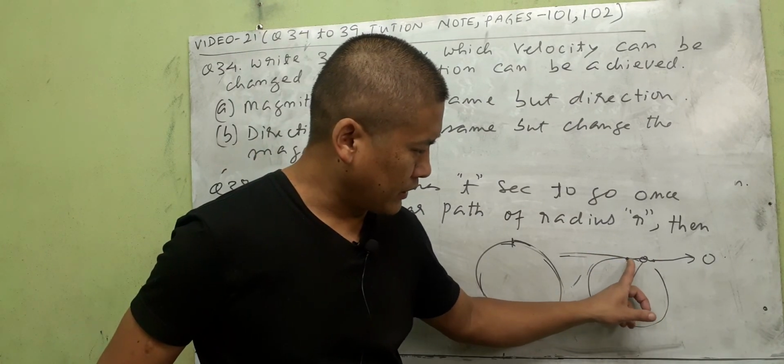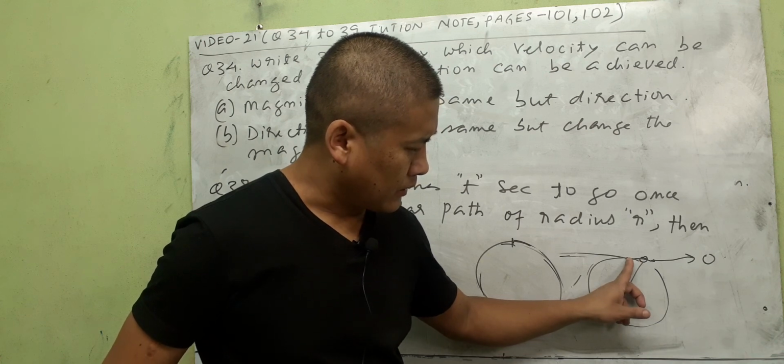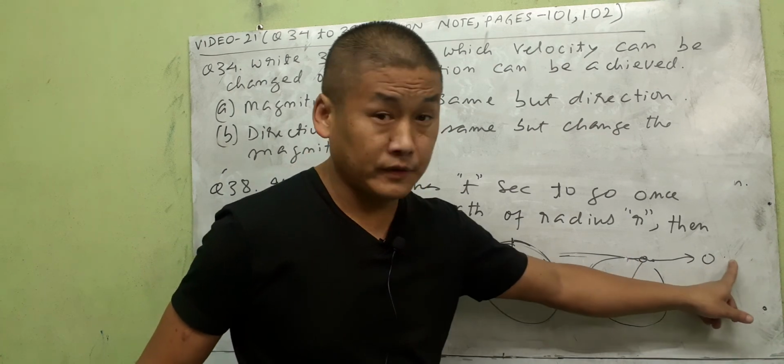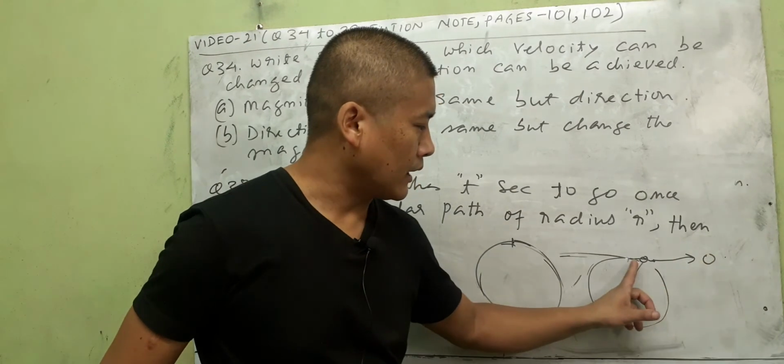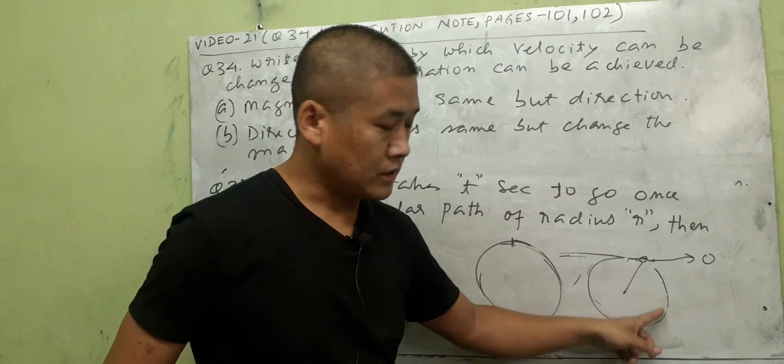This is because when it is released, it was going in this direction, so it continued to move in that direction. This proves that at every point on the circular path of the rotated stone, there was a change in direction.